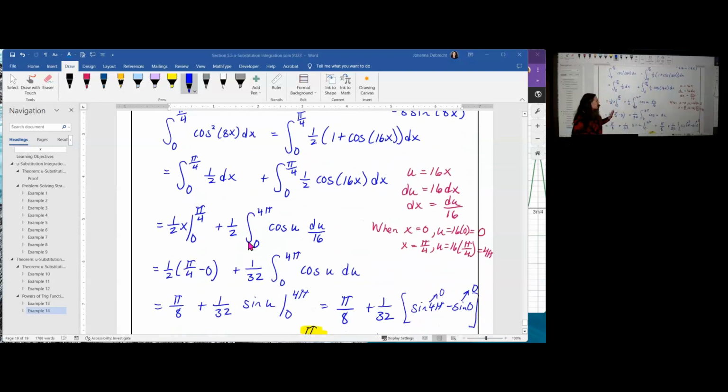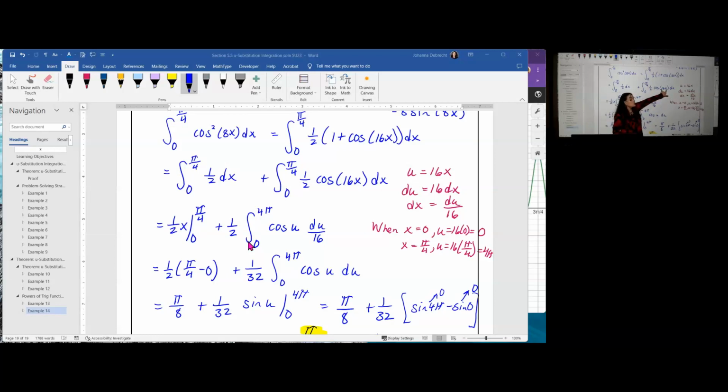The second one, however, is going to have some kind of u-substitution. We have cosine on the outside and 16x on the inside. The derivative of 16x is 16, which is just a constant. So we can definitely do u-substitution on the second term.